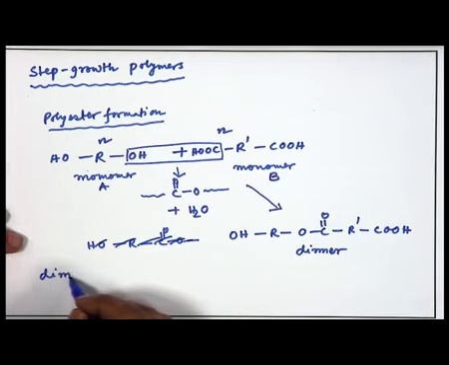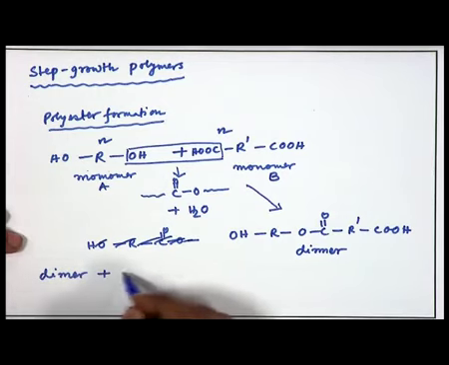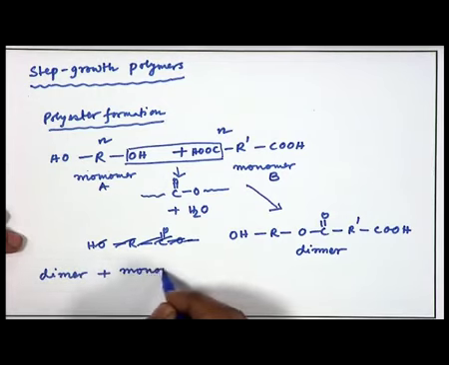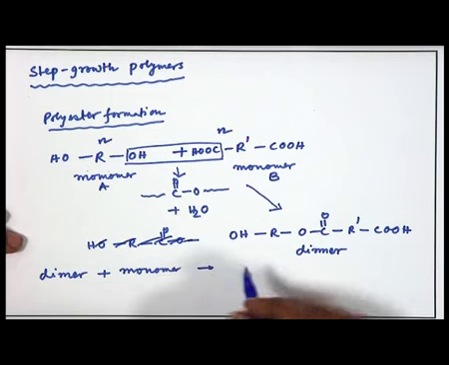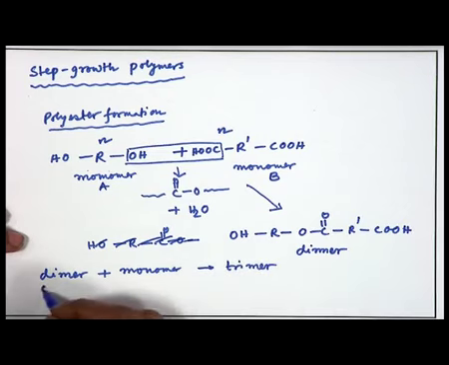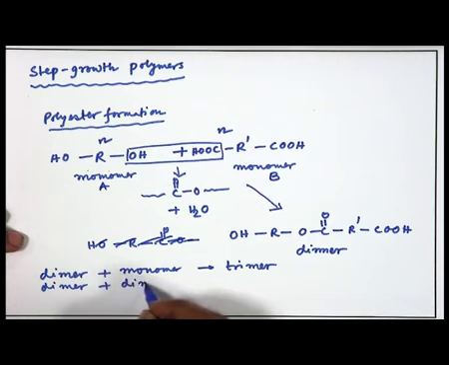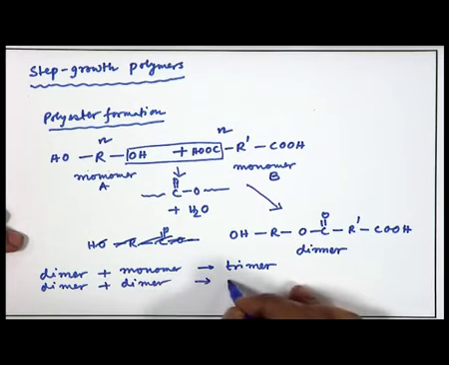So, dimer plus again monomer will give you trimer, dimer plus another dimer will produce tetramer.